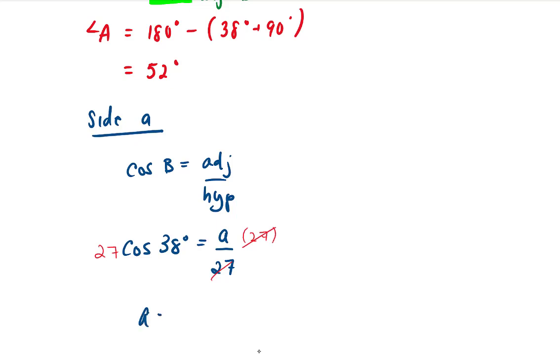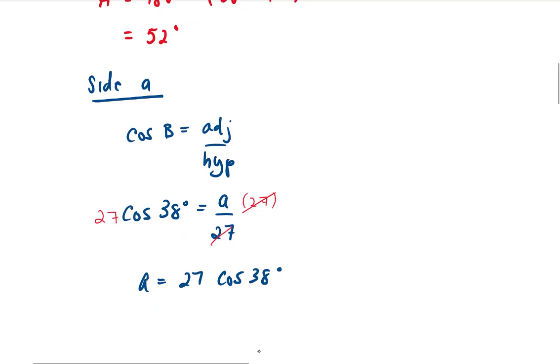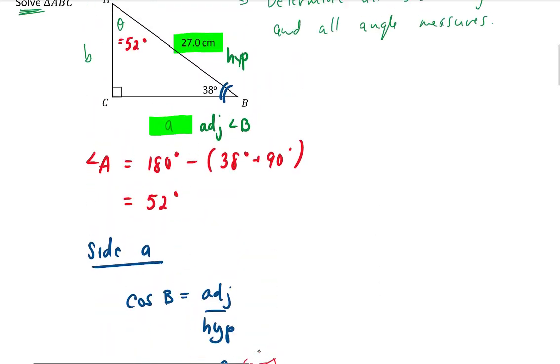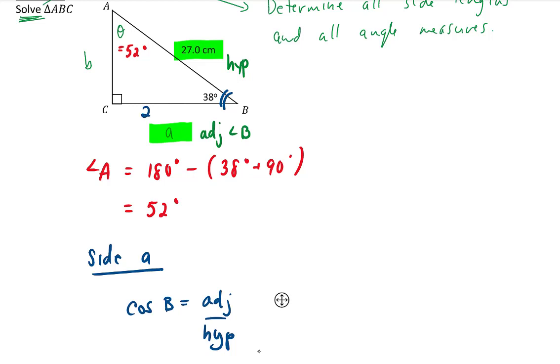And we get that A is equal to 27 times the cosine of 38 degrees. And using our calculator, we end up with approximately 21.3 centimeters. So there is side A. So we have 21.3 centimeters.